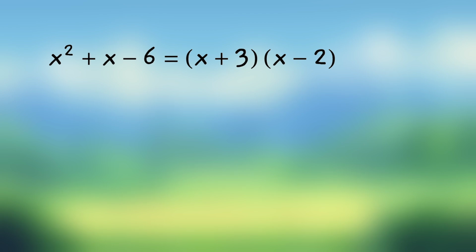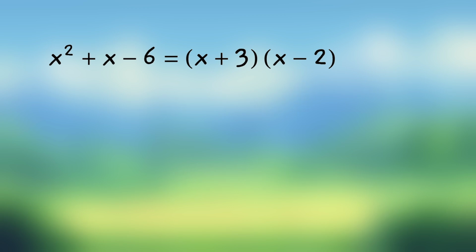You'll learn shortly how to do this, but today we're not going to talk about how to factor. We want to introduce what factoring is and why you learn how to do it. So the left-hand side is a polynomial of degree 2, and on the right-hand side, we wrote it as the product of two polynomials. The first one has degree 1, and the second one has degree 1.